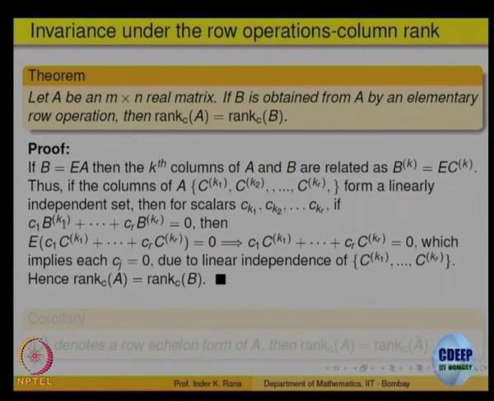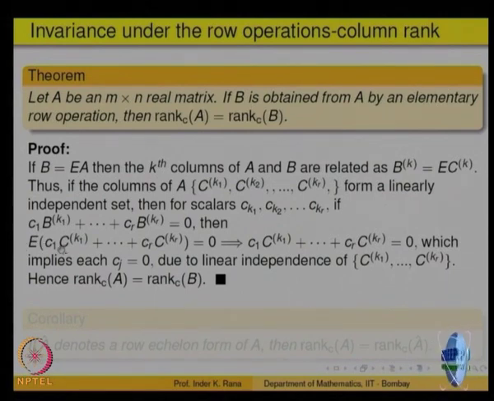They are obtained from the corresponding column of A by pre-multiplication by the elementary matrix. So what is Bk? That we saw here, the kth column is E times Ck. So put that value, so that means E times everything, E is taken out, right, by the distributive property of matrices.